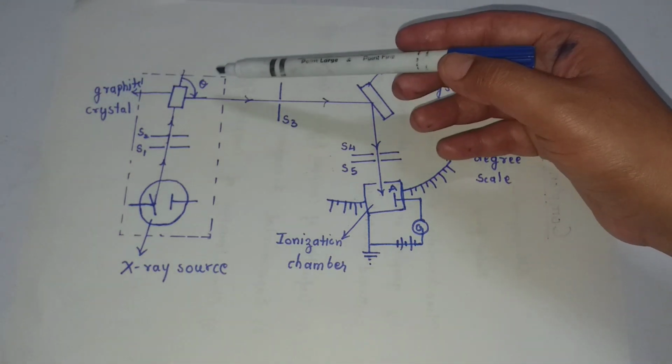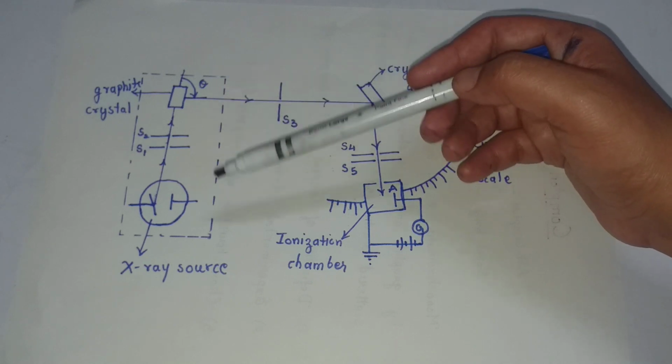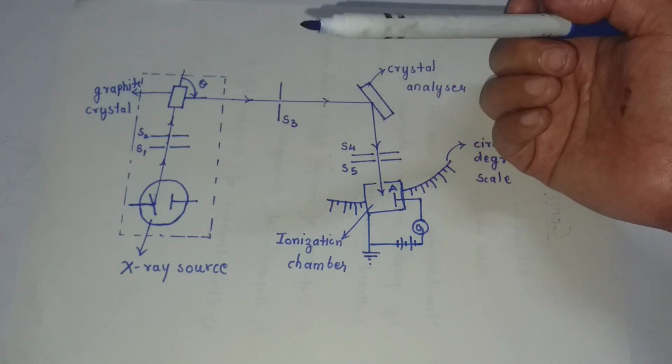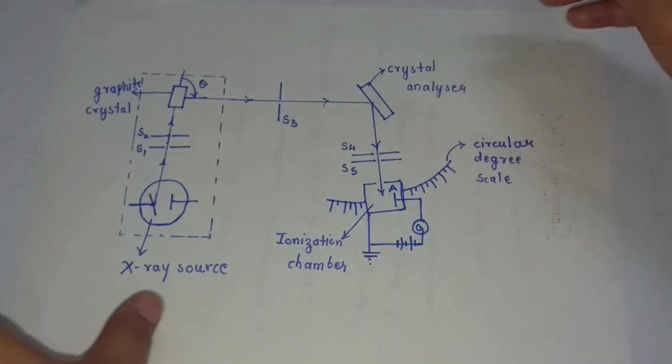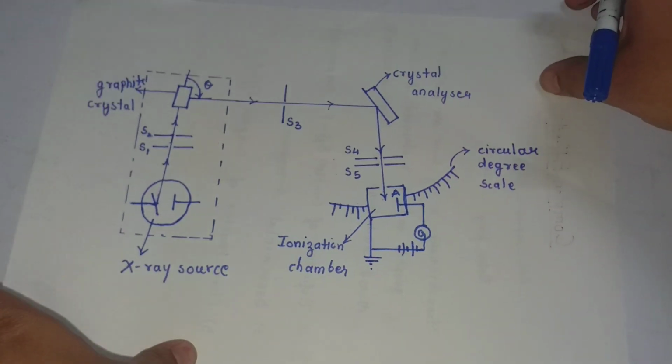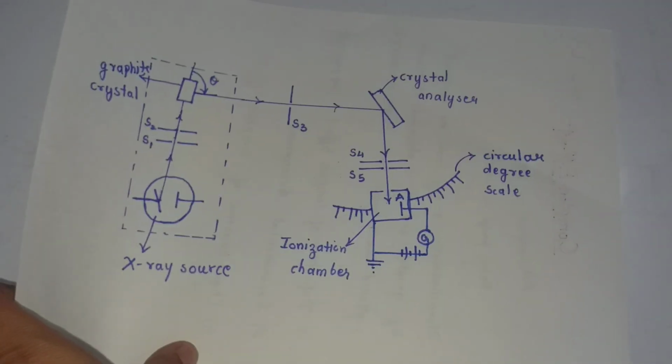Also, the scattering angle can be changed by changing the position of X-ray source. So this was the experimental arrangement of Compton effect. Now let us see what are the characteristics.